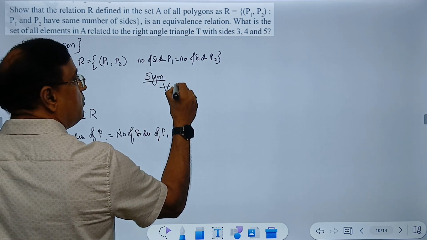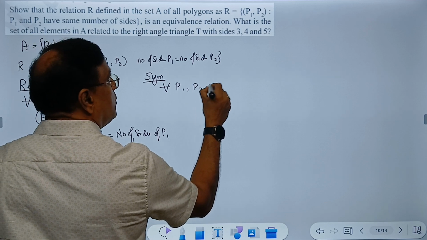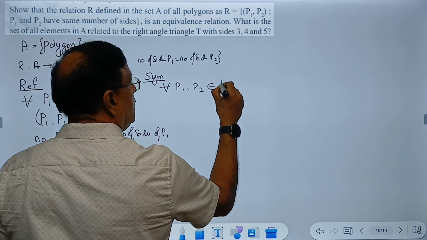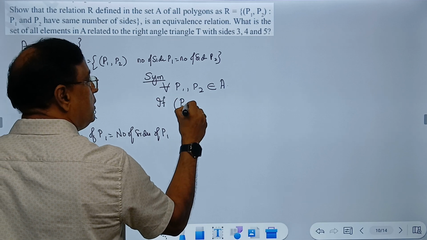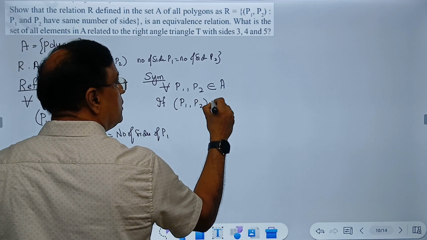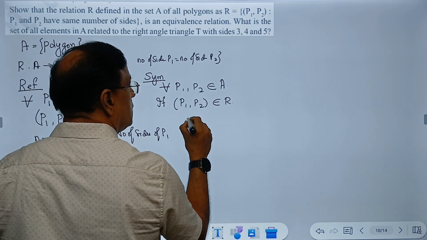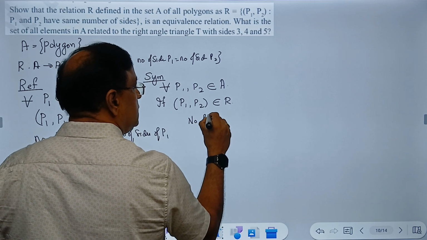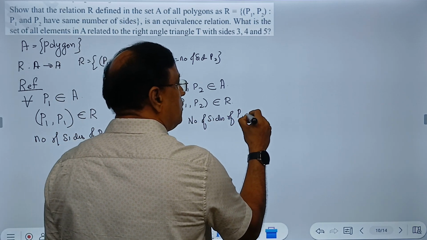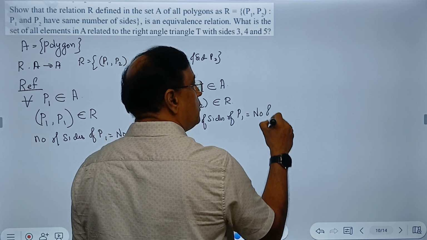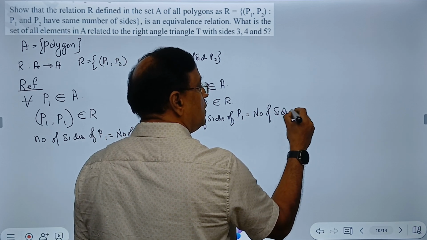For every (P1, P2) belongs to A, if P1 is related to P2, that means the number of sides of P1 equals the number of sides of P2.